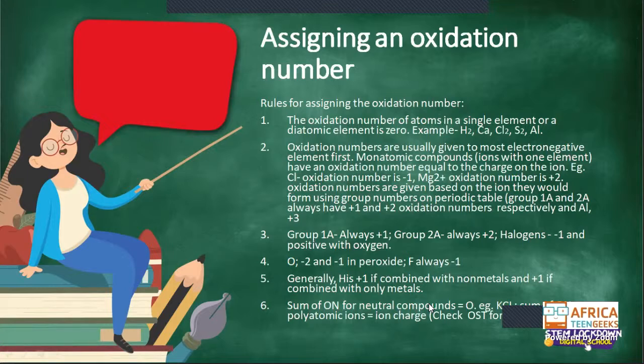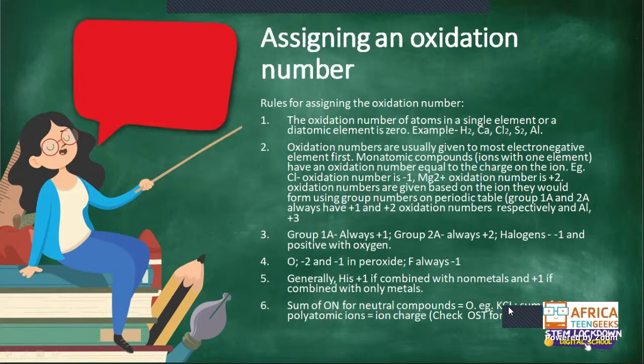Okay. So another one of our final rules that we're going to state is that the sum of oxidation numbers for neutral compounds, which means these are compounds that don't have any minus or positive or a number on top of them, they're just neutral, which means they are balanced, is equal to 0.